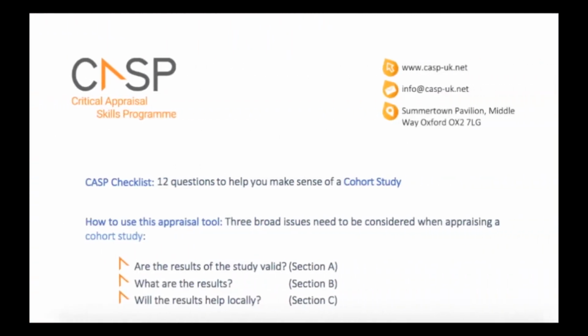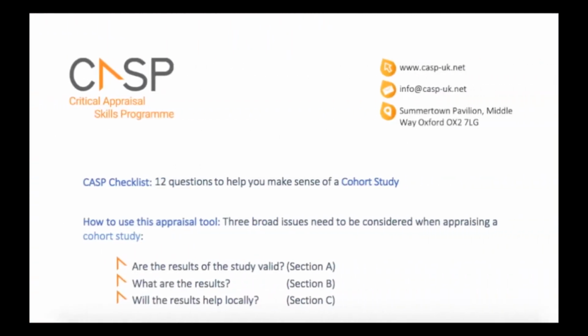We can see that the CASP cohort studies checklist again separates the three key principles of critical appraisal of validity, trustworthiness of results, and value or relevance into three sections, A, B, and C respectively. Let's see how they can be addressed with an example.